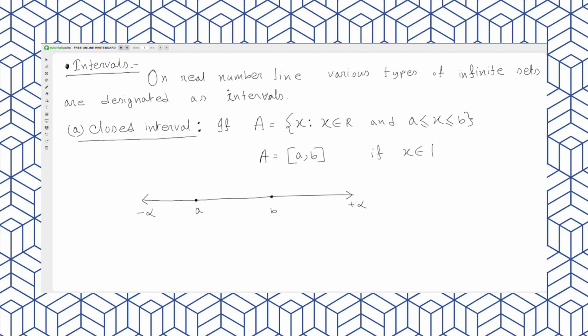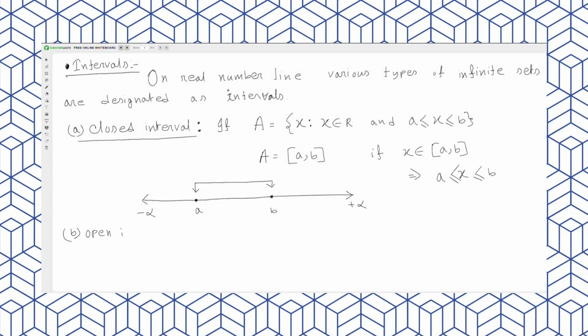And mind it, a should be on the left side and b on the right side. So if it is written as x belongs to [a, b], it implies that x is greater than or equal to a and less than or equal to b. a is the minimum value and b is the maximum value of x.